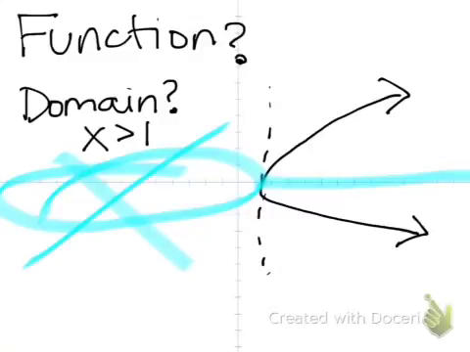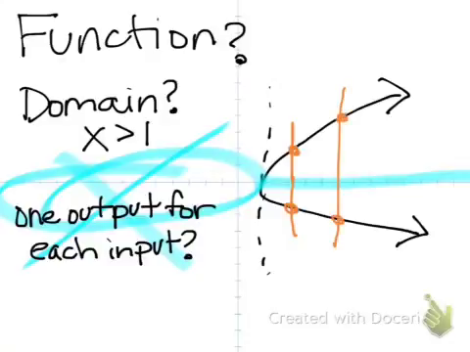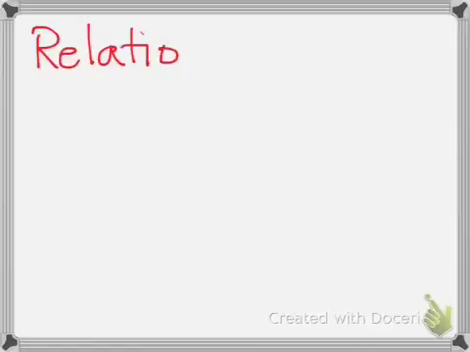For every x, is there one and only one y? So let's take a look. If I let x equal 3, I actually end up with 2 answers. If I let x equal 6, I end up with 2 answers. So in this case, no, it's not a function because there is more than one output for each input.